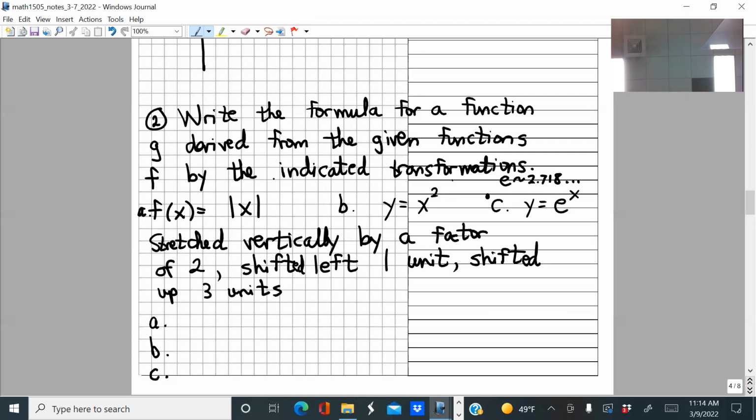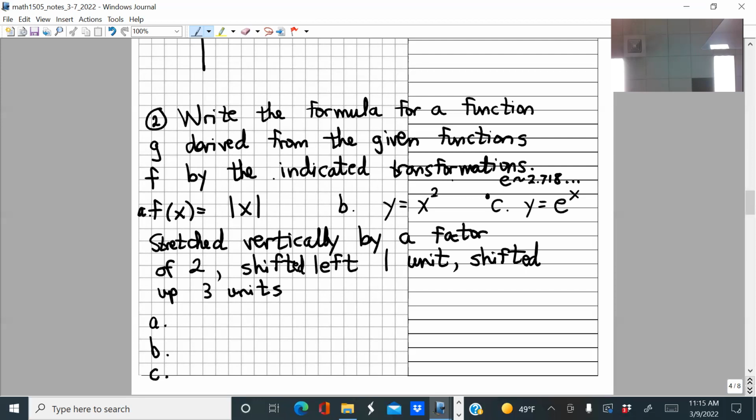Okay. E, by the way, is an irrational constant. That's like pi. So you may have heard of that number before. That's an important irrational constant in calculus. Pi is important in geometry and trigonometry, but in calculus, this irrational constant e is very important. It's approximately 2.718, but it's irrational, so it's a non-terminating, non-repeating decimal.